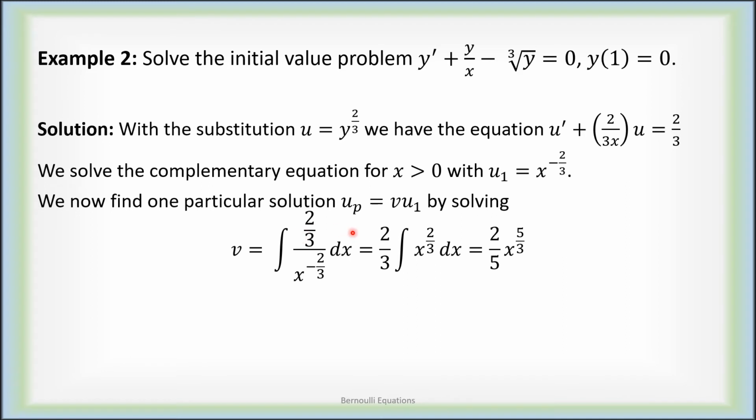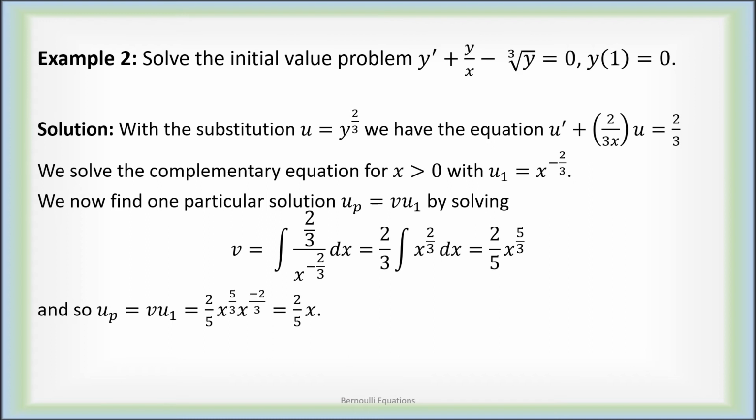This constant of 2/3 I'm going to factor out. Bring this power of x up into the numerator, it becomes positive. This is now a pretty straightforward anti-differentiation problem. 2/3 times x to the 2/3 is 2/5 x to the 5/3, plus an arbitrary constant, but remember in this technique that constant can always just be taken to be 0.